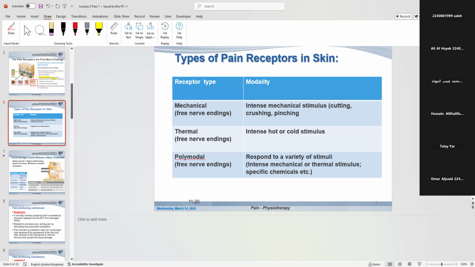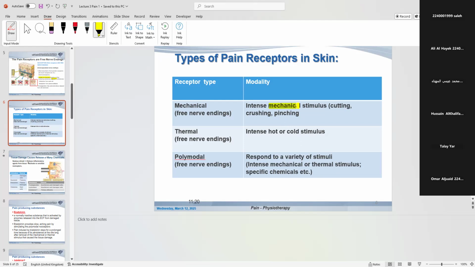We do have different types of pain receptors in the skin and in the mucous membranes. One type responds to mechanical damage, such as cutting, crushing, pinching, etc. These are called mechanical nociceptors. They are not mechanical receptors, they are mechanical pain receptors, mechanical nociceptors.